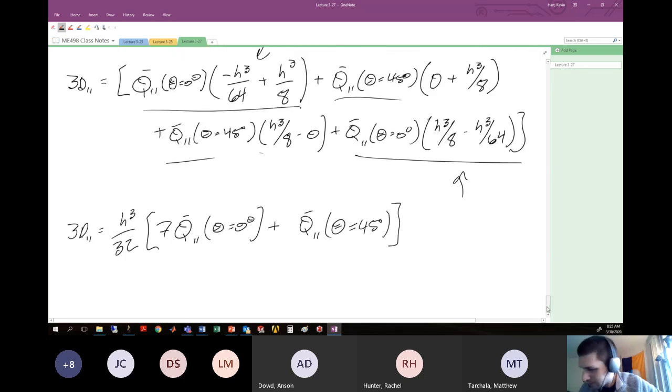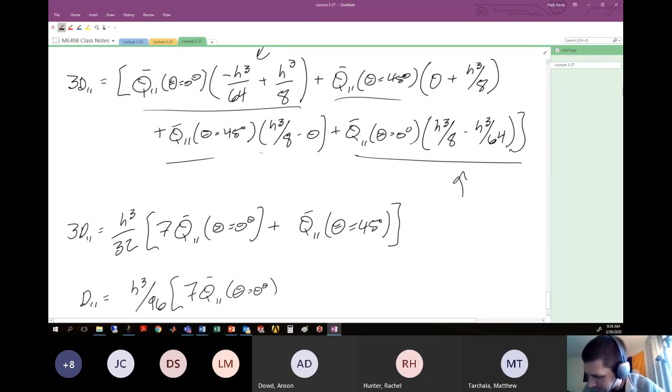Finally, if I pull the 3 to the other side, I'll end up with D11 is H cubed on 96 times 7 Q bar 11 for the contributions of the 0 layers, plus 1 relative contribution of the 45 degree layers.